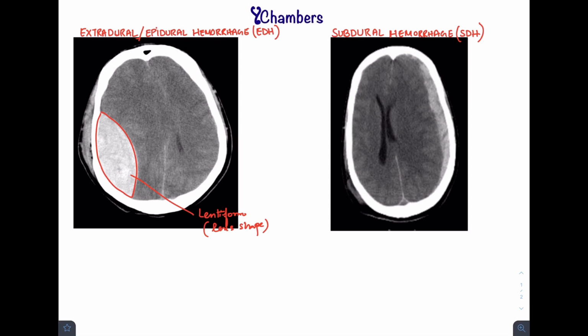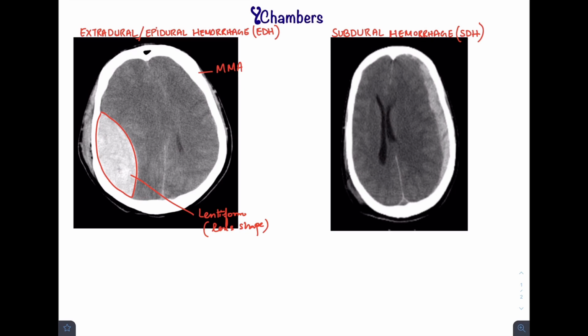In extradural hemorrhage, it has been found that the origin of the bleed is the middle meningeal artery. So, if the middle meningeal artery is getting damaged, for example, in case of a skull fracture, the fractured bone fragments will damage the middle meningeal artery, leading to an extradural hematoma or extradural hemorrhage.